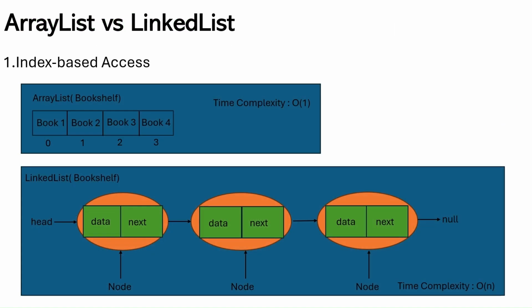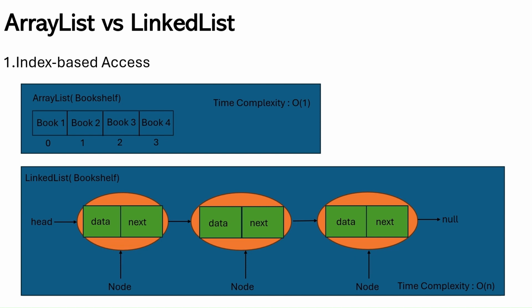Alright, let's dive into the heart of our comparison and understand how ArrayList and LinkedList handle index-based access. How they let us grab elements from the collection. Imagine ArrayList as a well-organized bookshelf. Each book has its index, making it a breeze to grab any book you want.